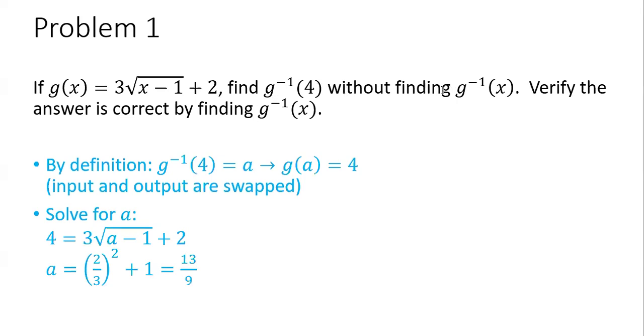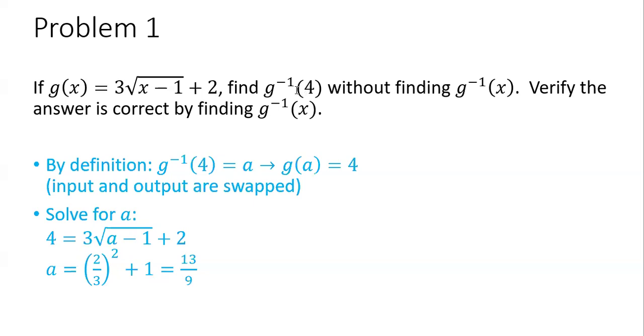To answer the first part, without finding g inverse of x, how are g and g inverse related? Their input and output are swapped. So g inverse of 4 will be some value. If we plug in that value into g, we will get 4. The input and output are swapped.